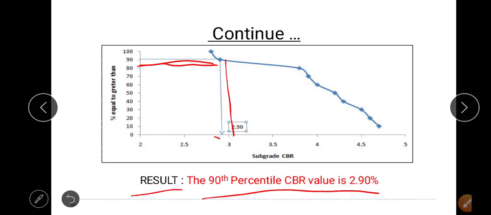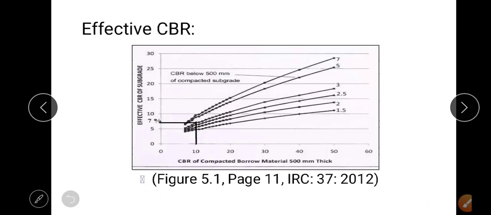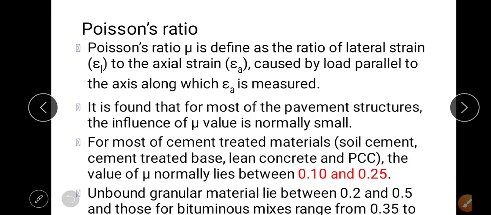In this way it is calculated. Effective CBR, as per IRC 37 2012. You have to plot this graph, and you will find the effective CBR from the graph.